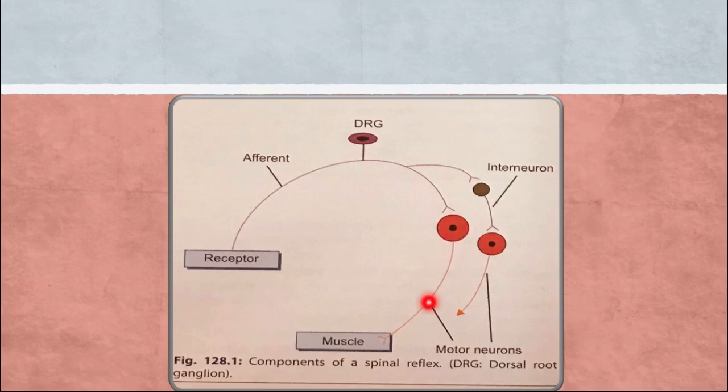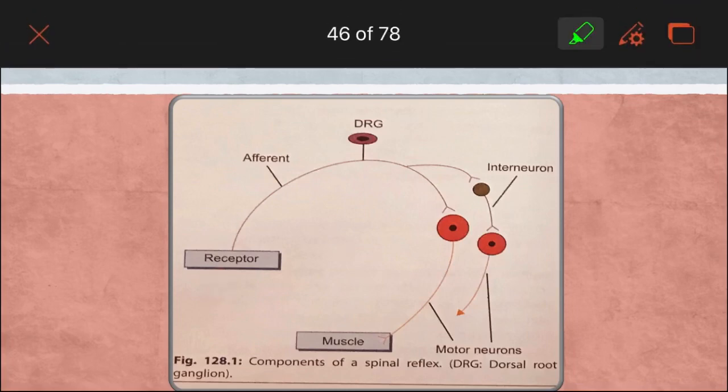Okay, alpha motor neuron of, say we are talking about the knee jerk reflex. Okay, knee jerk reflex. So in knee jerk reflex, we have hit the tendon of quadriceps femoris, right, and quadriceps femoris is extensor. So this is extensor group of the muscle and this neuron is going to flexor group of the muscle of that particular leg.